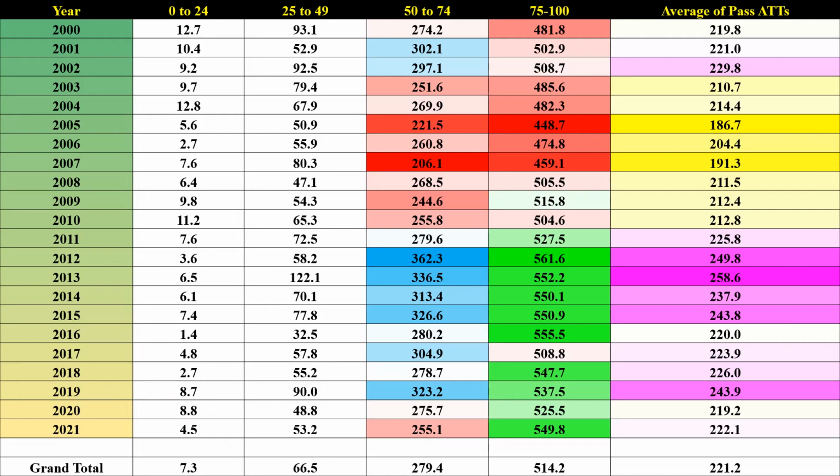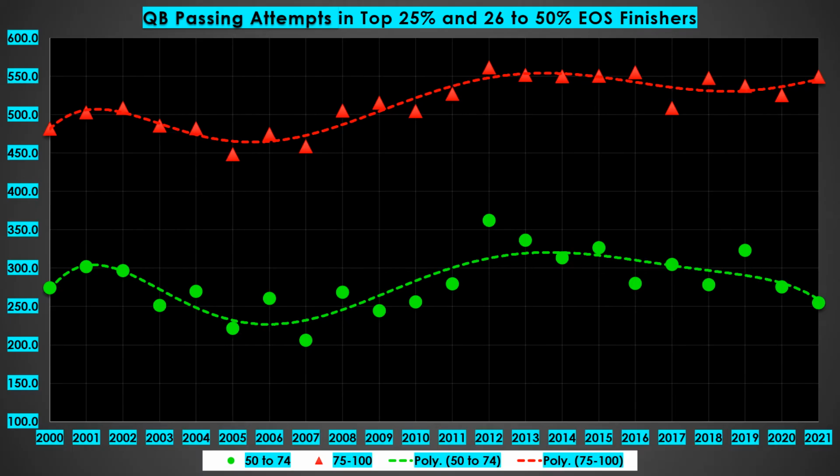Okay, so trend lines, we have seen that the passing was pretty good in early 2001 and 2, but it has never seen this level here around 550.